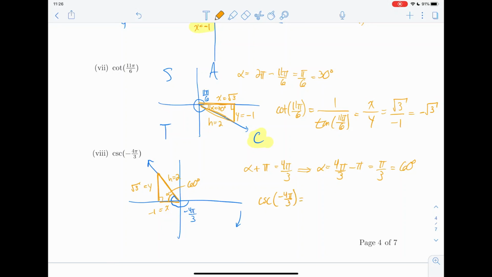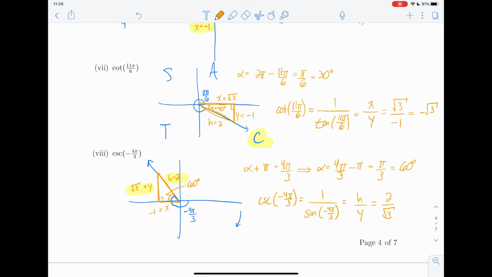Based on this information, the cosecant of -4 pi over 3 is going to be equal to 1 over sine of -4 pi over 3. If sine was going to be opposite over hypotenuse, then the cosecant is going to be hypotenuse over opposite. So in this case, we end up with h over y, 2 over the square root of 3.